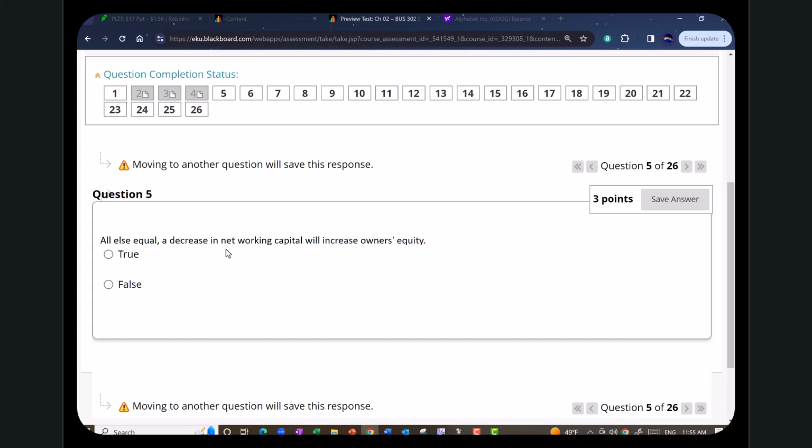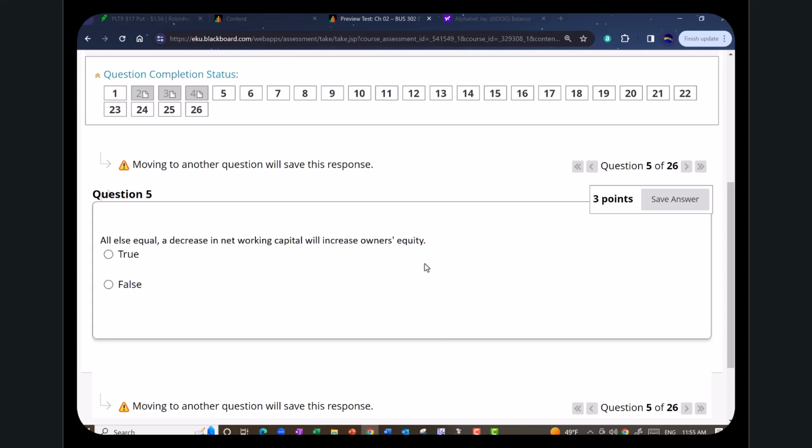Or else, decrease in net working capital will increase owner's equity. Yes or no? If your net working capital decreases, either your current assets are decreasing, or your current liabilities are increasing, or both, okay?